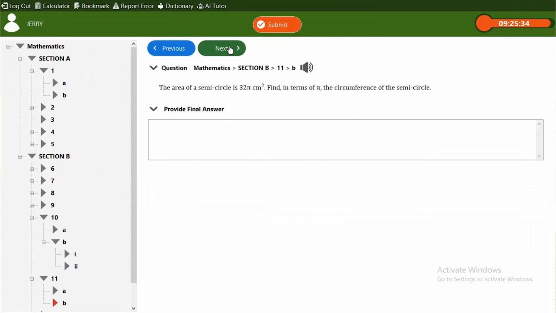11b. The area of a semicircle is 32 pi centimeters square. Find in terms of pi the circumference of the semicircle. Okay. We have heard about semicircle. We've heard about circle before. The term semi means half of a circle. Semicircle, half of a circle.